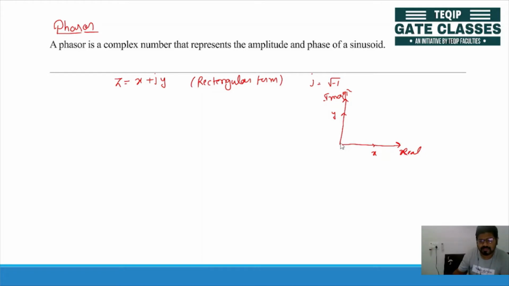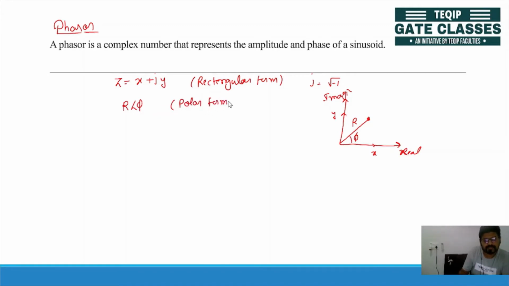Okay, so you can represent this rectangular complex number as a magnitude, that is r, and an angle phi. Okay, so we can represent this complex number in the form of r angle phi, which we call a polar or phasor form.